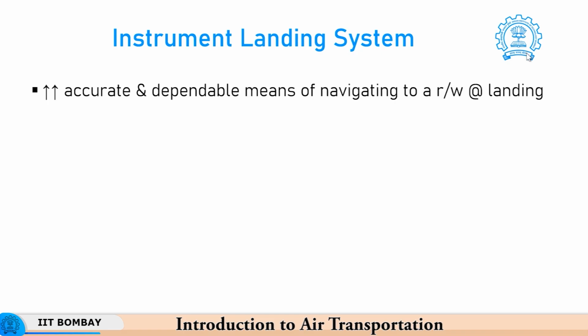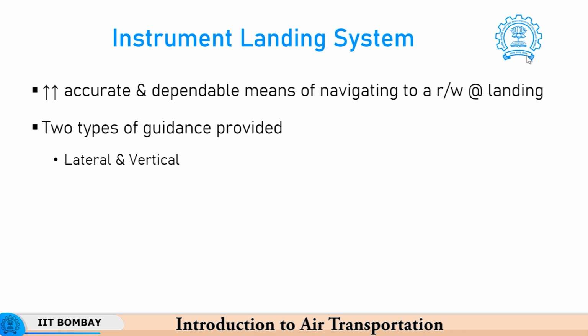So, the instrument landing system, which is normally abbreviated as ILS, gives a very accurate and dependable means of navigating to a runway at landing. An ILS system provides two kinds of guidance, lateral and vertical. Going back to the history of ILS systems, it is not a new system.